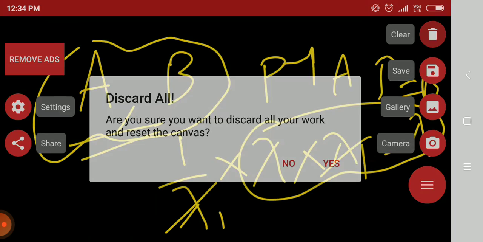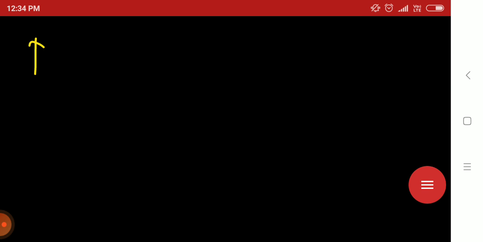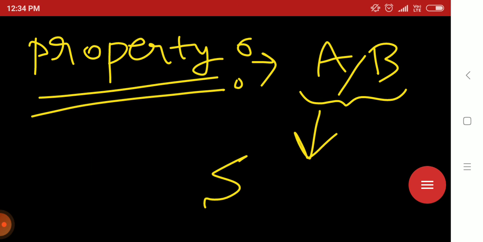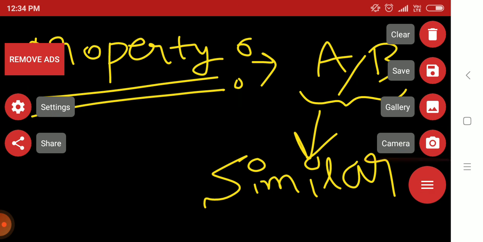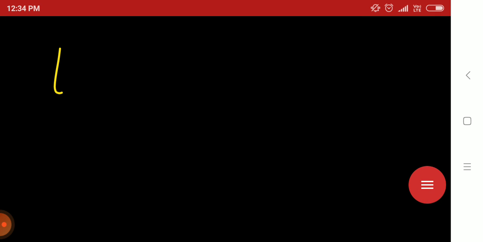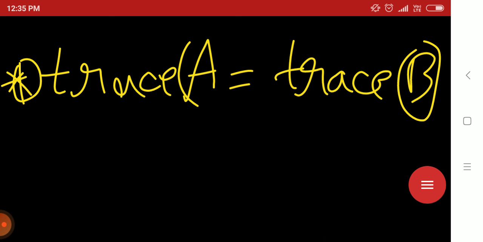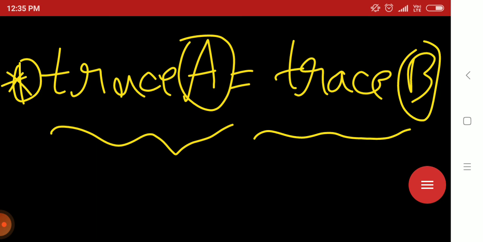Now I am going to discuss two properties of similar matrices. If A and B are similar matrices, then the first property is trace of A equals trace of B. That means if A and B are similar, their trace will be the same. And what is the trace?